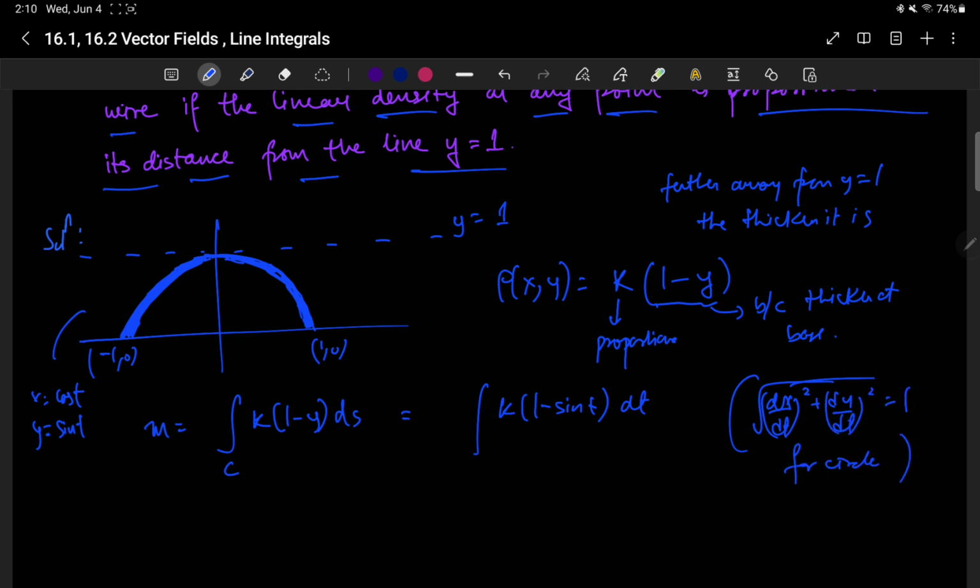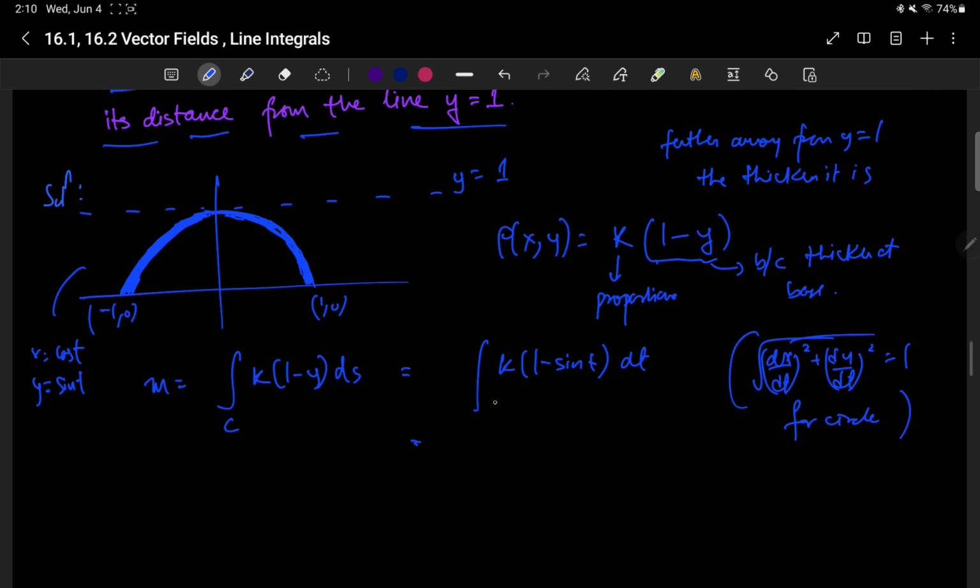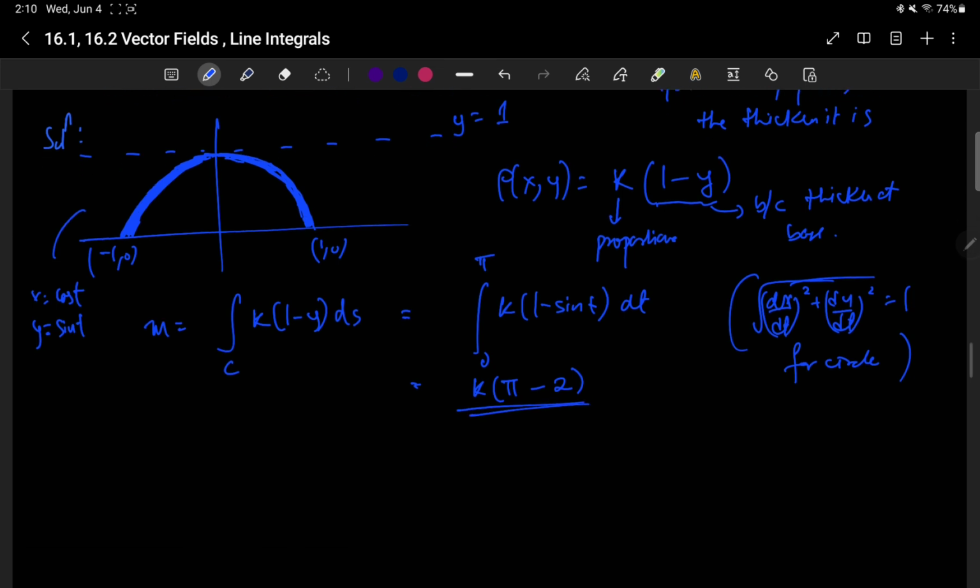We've seen that. And this goes from 0 to pi. So this becomes k times pi minus, a positive cosine t evaluation, which will give you a 2. So you get the mass as k times pi minus 2.